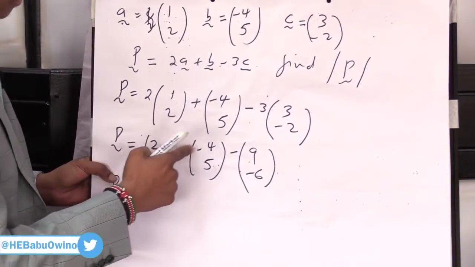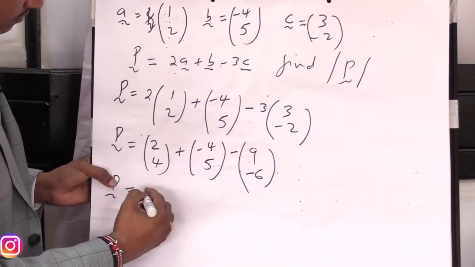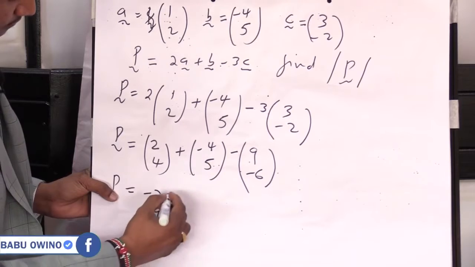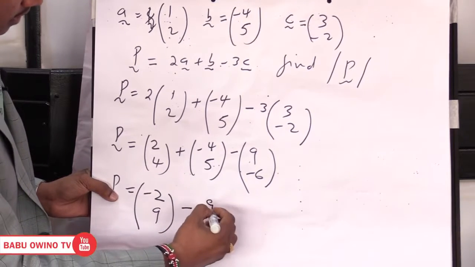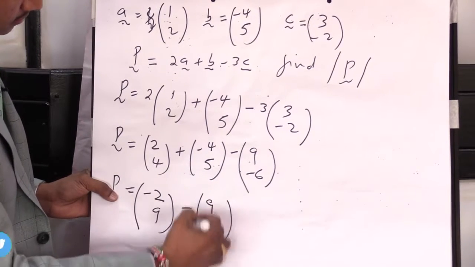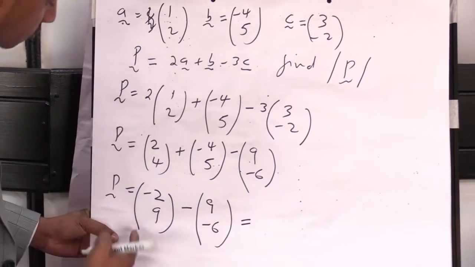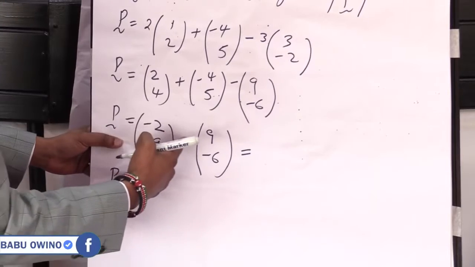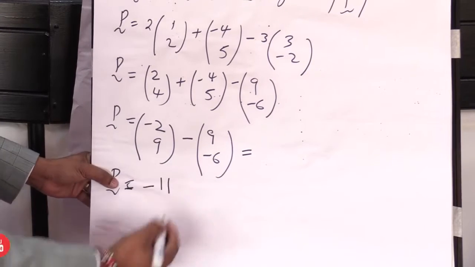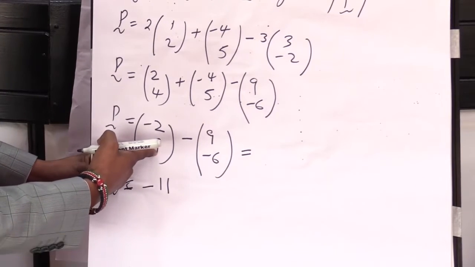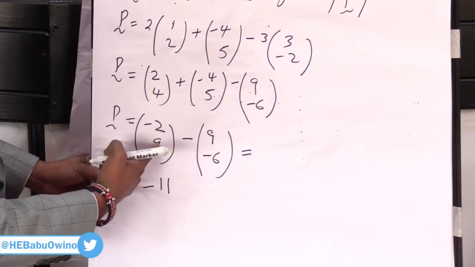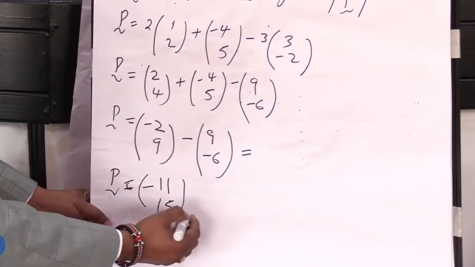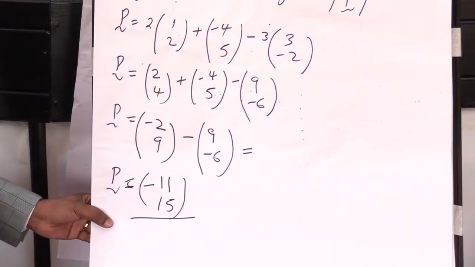So 2 plus minus 4 is 2 minus 4, which is minus 2. Then 4 plus 5 is 9. Minus 9 minus 6. So this comes to P equals minus 2 minus 9 is minus 11. Then 9 minus 6 is 9 plus 6, which is 15.